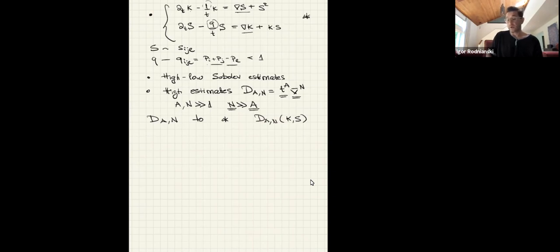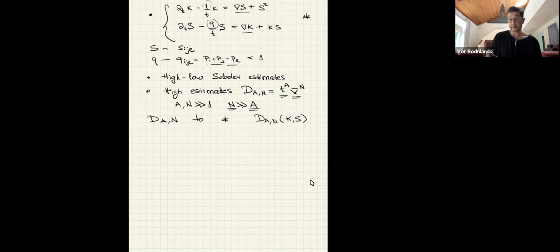Now, the second role that this parameter a plays is that when you commute this operator through the equations, it generates a positive good term that will help you get the estimates. Okay.